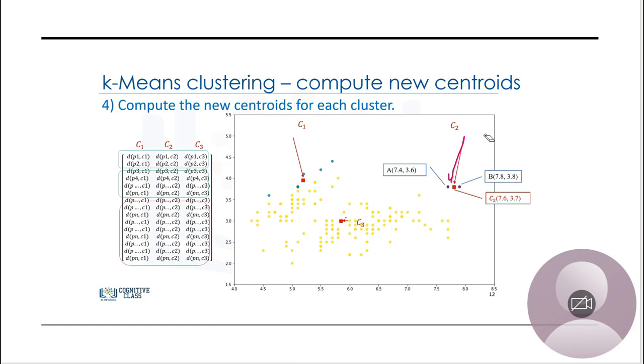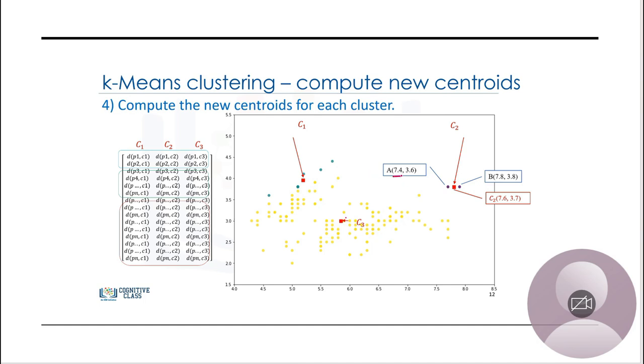How do we determine to move it there? Well, we take the average. You've got this point, and we've got this point. We add those 2 points and take the average. I apologize, I made a mistake, let me correct that.